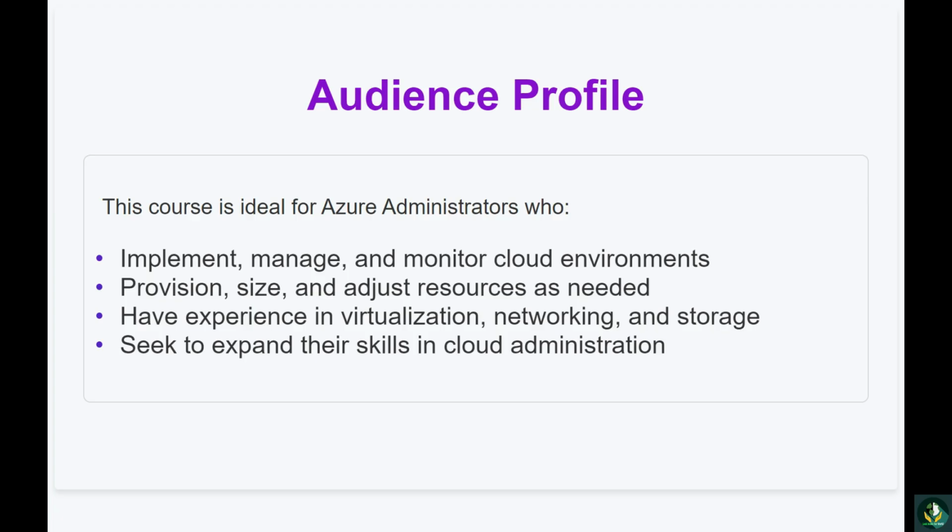While prior experience with Azure is beneficial, it's not a strict prerequisite. However, you should be comfortable with general IT concepts and have some hands-on experience in managing IT infrastructure. This course will build upon your existing knowledge, introducing Azure-specific concepts and tools that will empower you to manage cloud environments effectively.